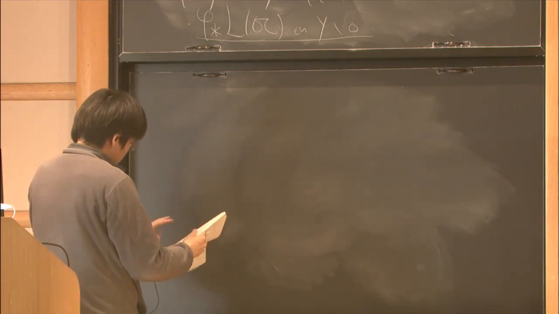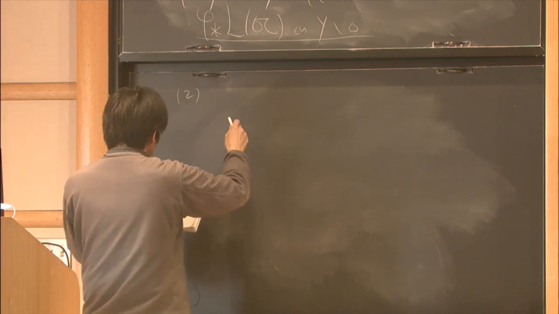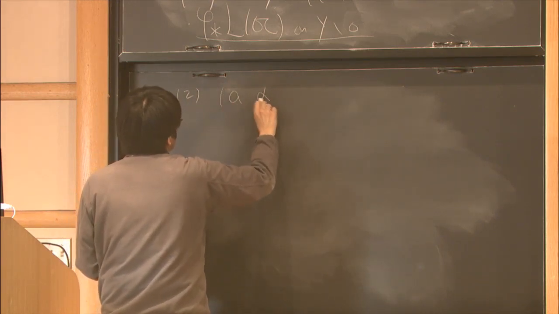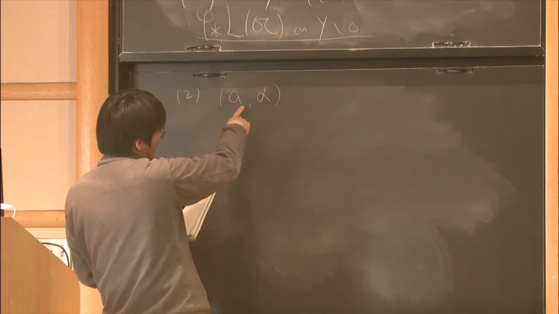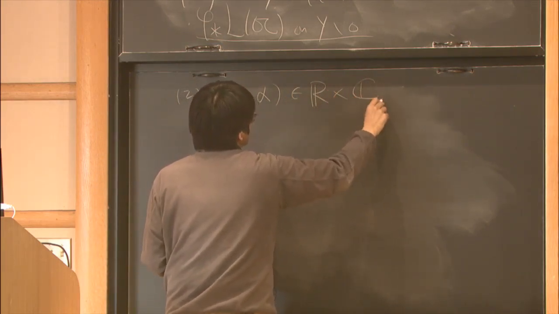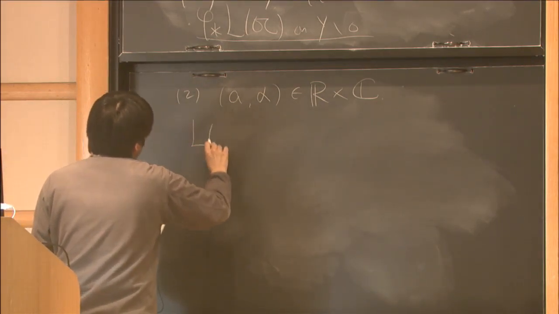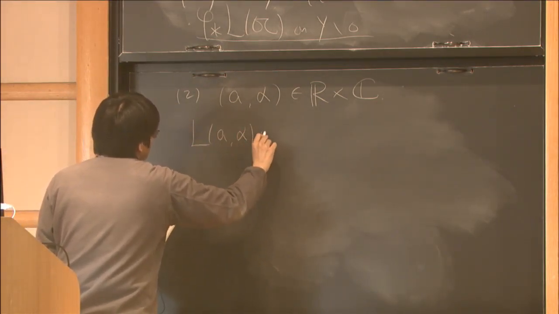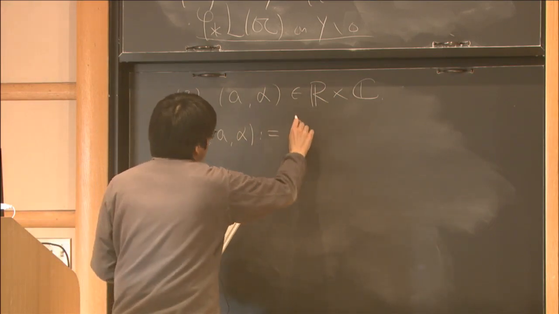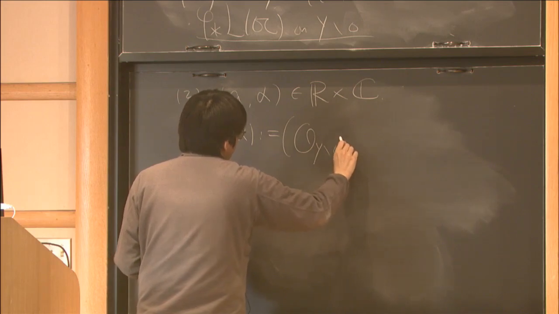And if we take a pair of real numbers and complex numbers, then we have a harmonic bundle given by O on Y minus 0.